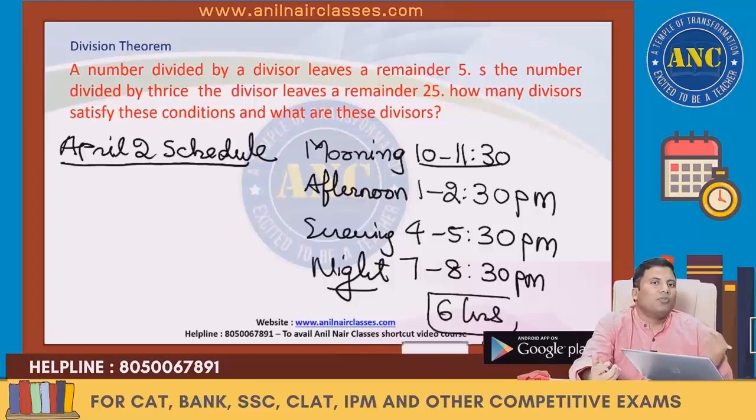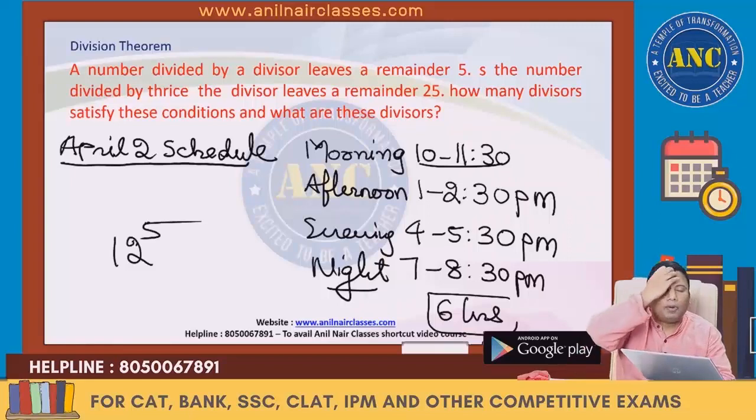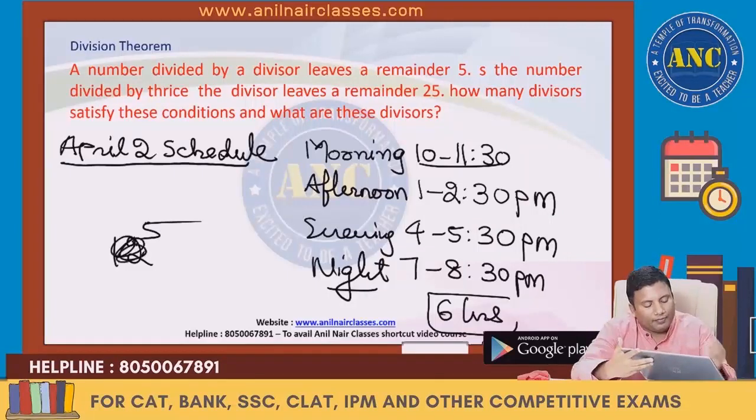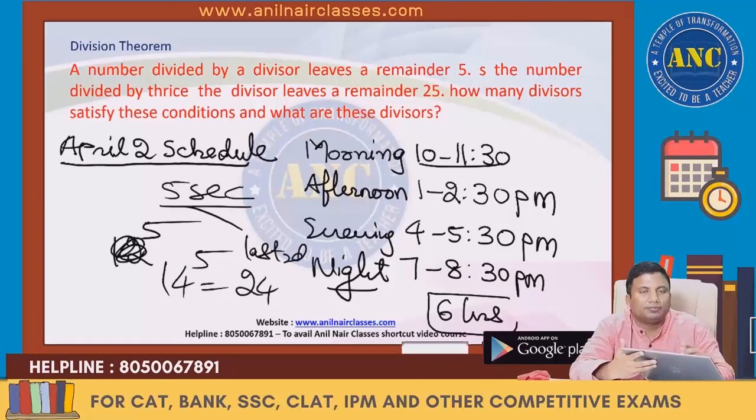Tomorrow you will realize how beautifully you can solve problems like 14 power 5. Last 2 digits is 24. Directly within 5 seconds you will say this answer.